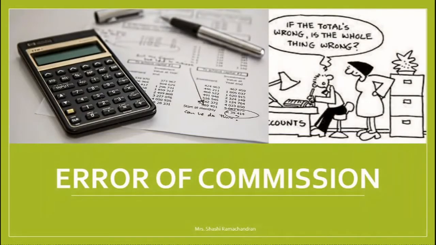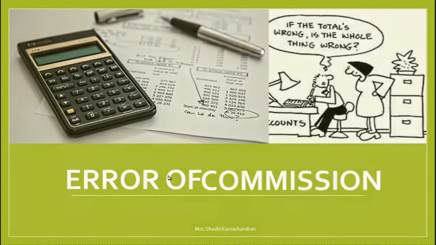Moving ahead to the third category, that is error of commission. Error of commission again has different types of error. While balancing the accounts, if there is a mistake in the totals, or a mistake while balancing the account, or the amount is posted to the wrong account in a different ledger, then that is an error of commission.